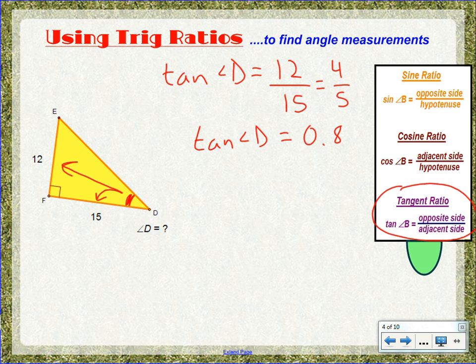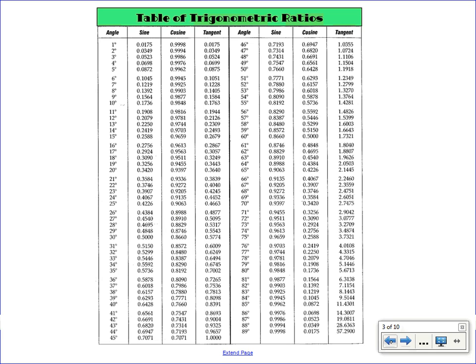So what I need to do now is figure out what angle has a tangent that's about 0.8. This is where we turn to our handy-dandy trig chart, because our chart has all the tangents. So if I look at this chart, here's every single tangent for every single whole angle measurement. My tangent column starts here, goes all the way down, and then wraps around over here for the other half of the angle measurements. I want to find the closest thing to 0.8.